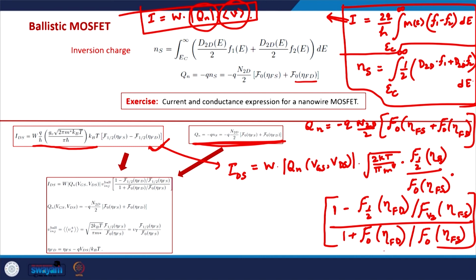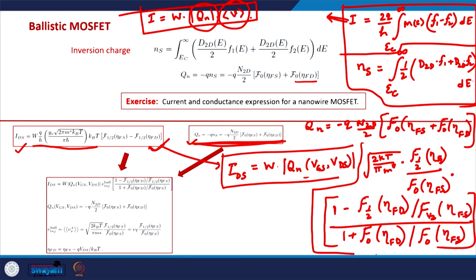So, what we do is we divide this IDS expression by Qn and then see what happens on the right side, and then we take the Qn to the right side, and this is what we obtain. So, we obtain IDS is equal to W times Qn times this factor here.